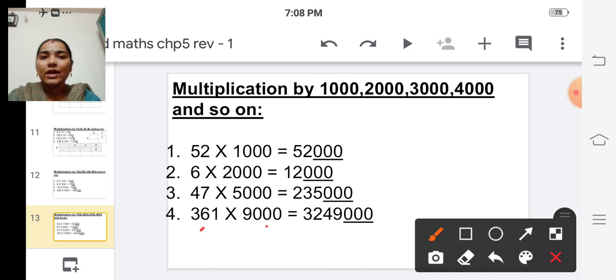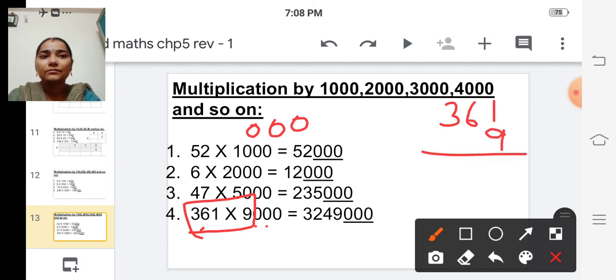The next one, 361 into 9,000. So we have to write 3 zeros at the end. Okay, and now multiply 361 by 9. Multiply starting from the ones place. 1 nine is 9. And now 6 into 9. 6 nines are 54. So we write 4 here.